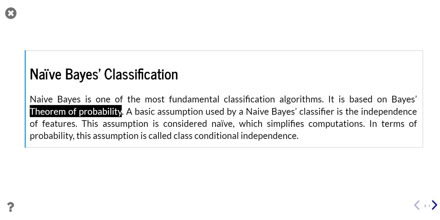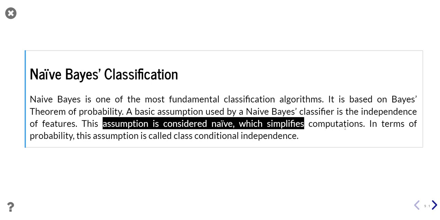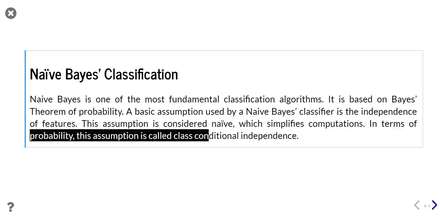The basic assumption used by naive Bayes is the independence of features, meaning each feature is independent of one another. This assumption is considered naive, which simplifies the computation. In terms of probability, this assumption is called class conditional independence.